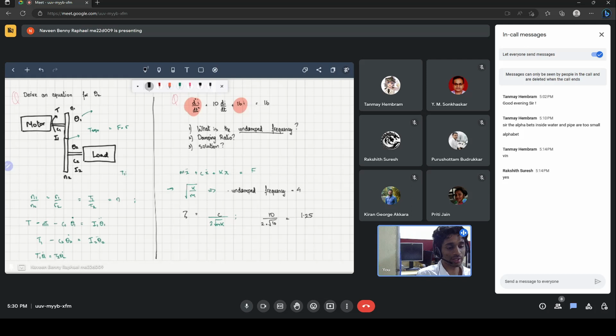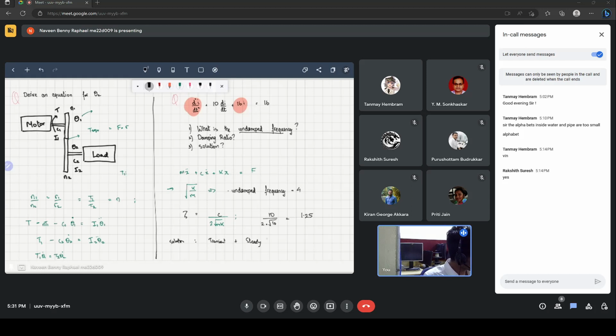So if you look at the general solution, in the case of overdamped, the equation we get is, okay, wait, before that, we know the solution is the transient solution plus steady state.